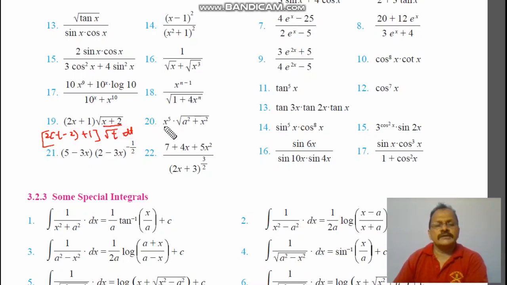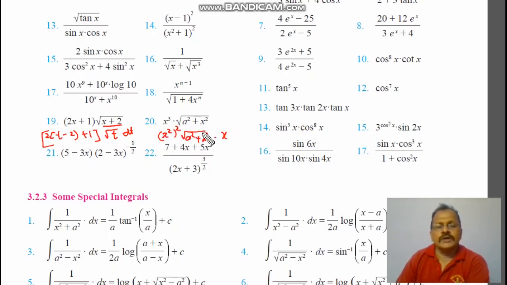In the 20th, this x raised to 5, write it as x square bracket square into under root a square plus x square into x. X raised to 5 written as x raised to 4 multiplied by x.